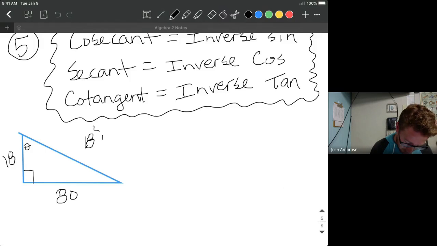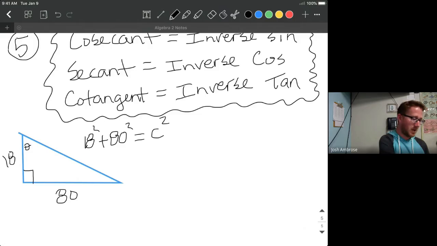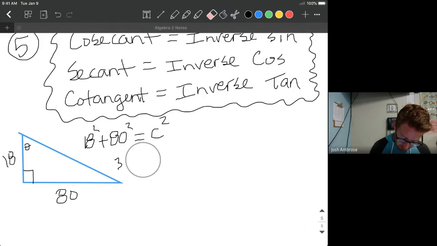18 squared plus 80 squared equals, in this case, c squared. All right, so let's work this out. You have 18 squared, you have 80 squared, 324. That looks like a 9. Sorry about that.